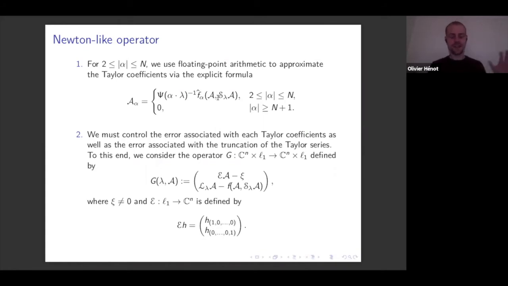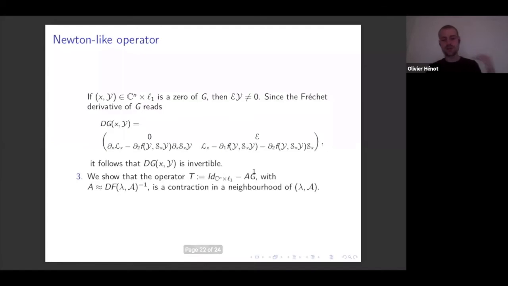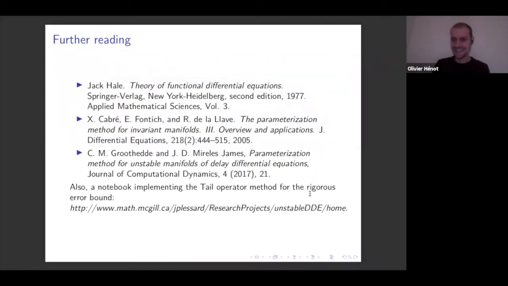You just do it approximately, you throw it in G, and then you just show that you have a contraction with the Newton-like operator in a neighborhood of that approximation you found. So you don't really care to have precise Taylor coefficients.